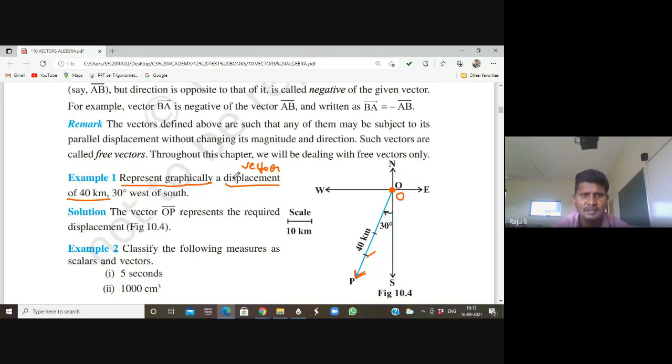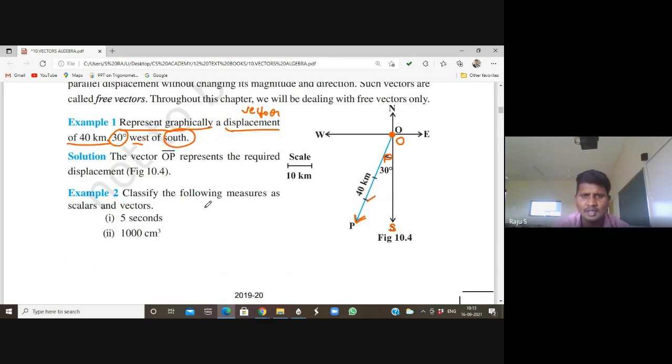Represent graphically a displacement of 40 kilometers, 30 degrees west of south. West of south means from south towards the west side, it is 30 degrees. Here they are taking the scale as 10 kilometers.